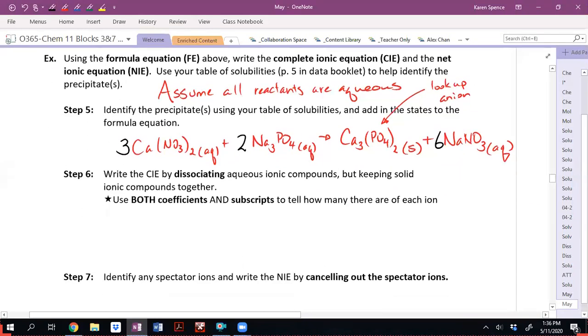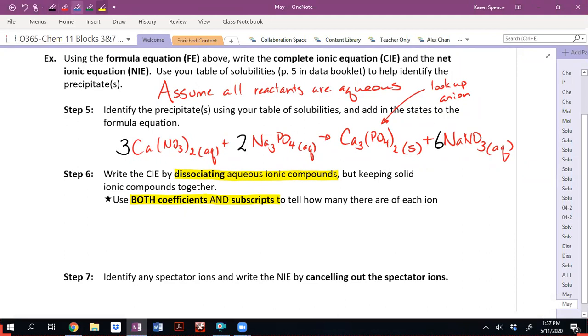Okay. Write the complete ionic equation by dissociating, just what you did last week, the aqueous ionic compounds, but you'll keep the solid compounds together. Now there's a little trick here, and this is what you haven't seen yet. Use both the coefficients and the subscripts to tell how many of each ion.